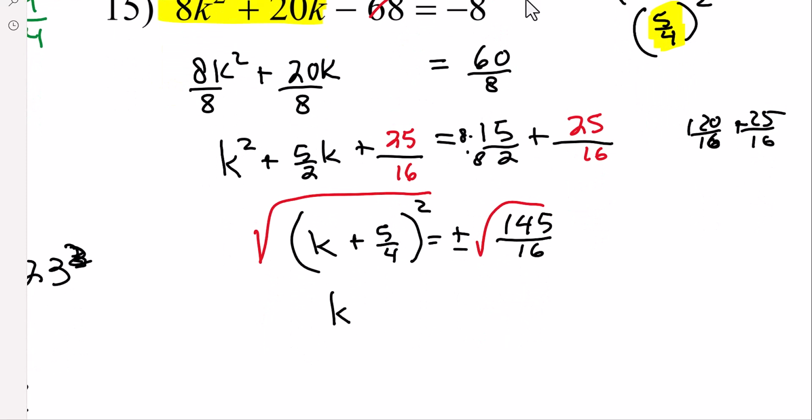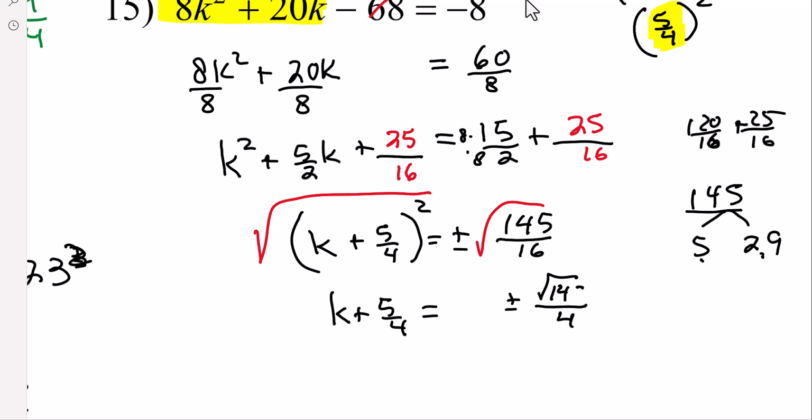So we're going to get k plus 5/4 is equal to positive negative. Well, 4 is in the denominator. 145 is 29 times 5, and 29 is prime and 5 is prime, so we're just going to leave it as square root of 145 over 4.